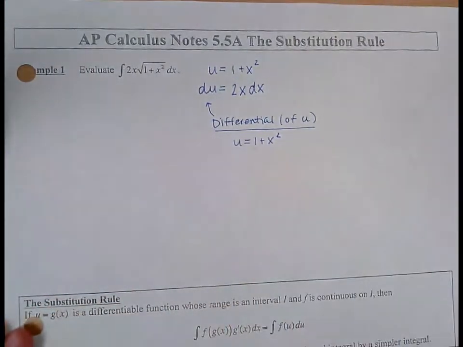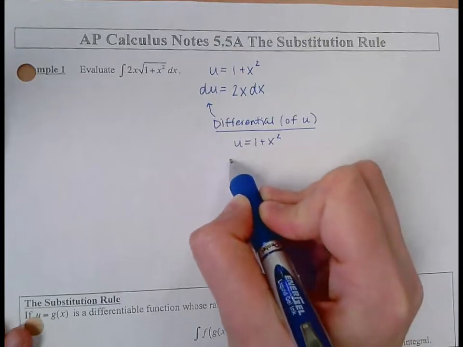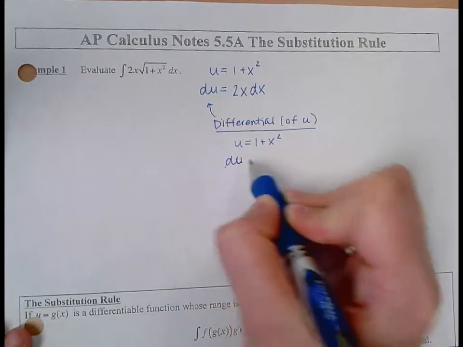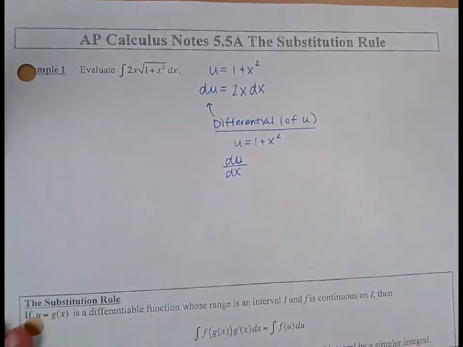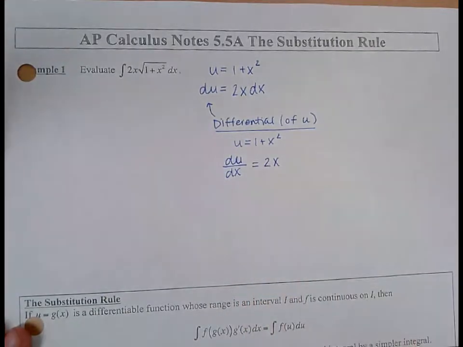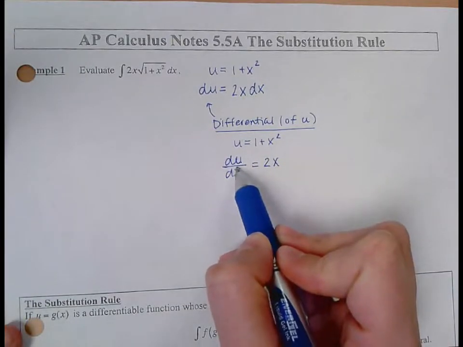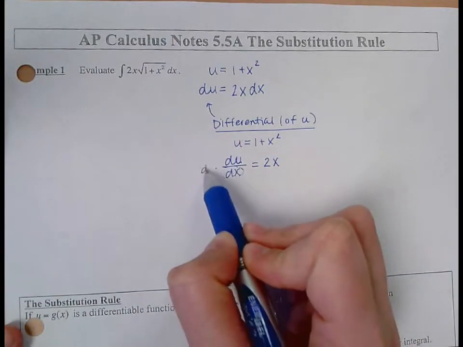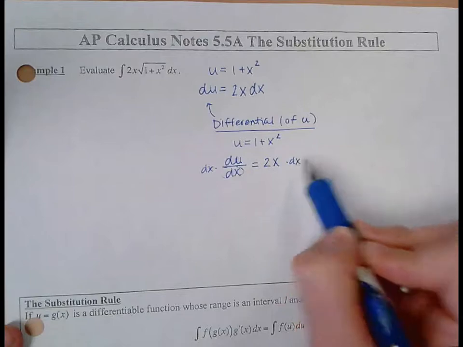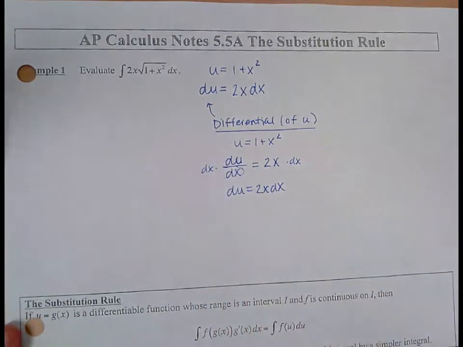If I said find the derivative of u with respect to x, I would write it as du over dx. And that derivative is just 2x. So to get the differential, I would just multiply both sides by dx to get the du alone, and that's where du equals 2x dx comes from.